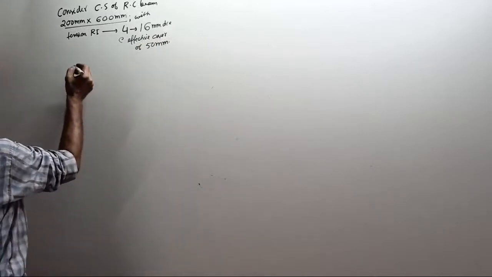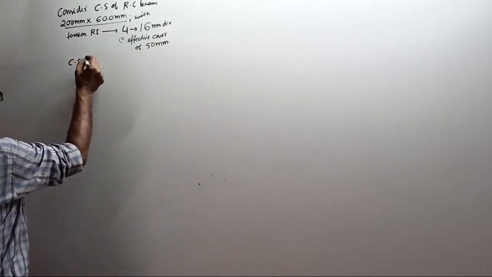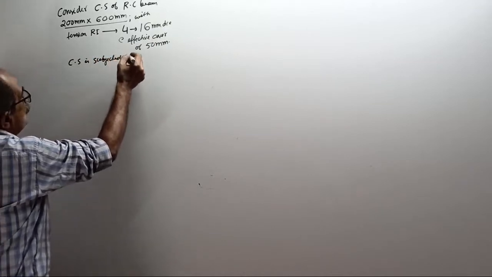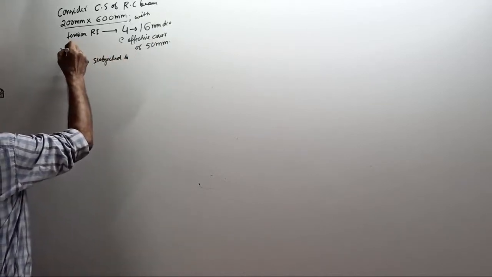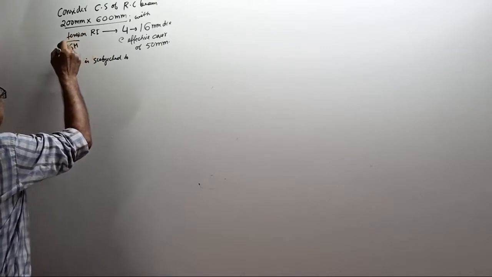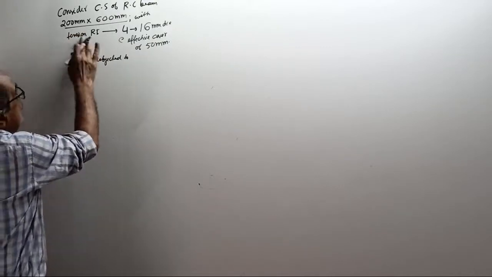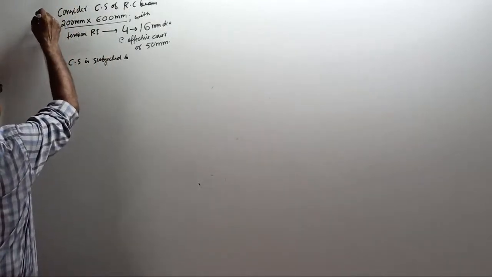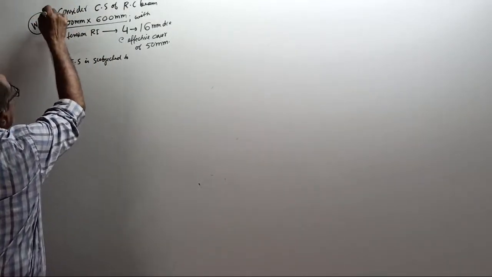Then the cross section is subjected to, remember, this is working stress method. Limit state method we cannot do because it is beyond elastic limit. Our question is for working stress method, actually a very powerful method.